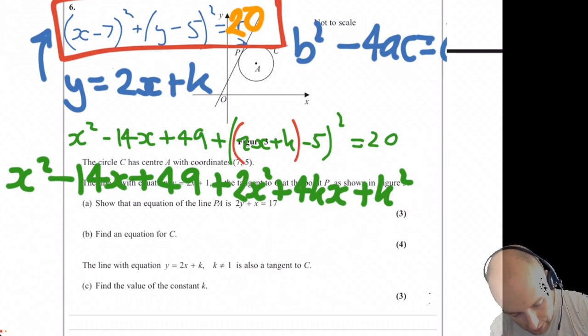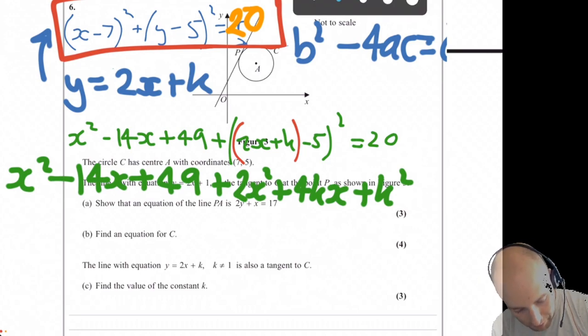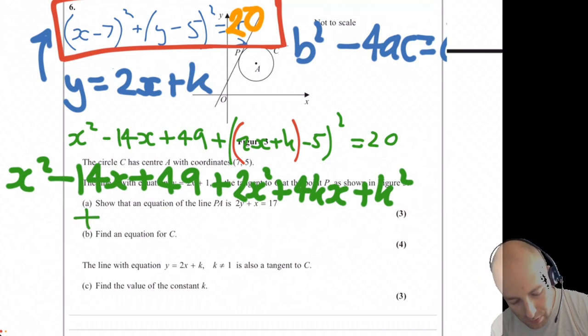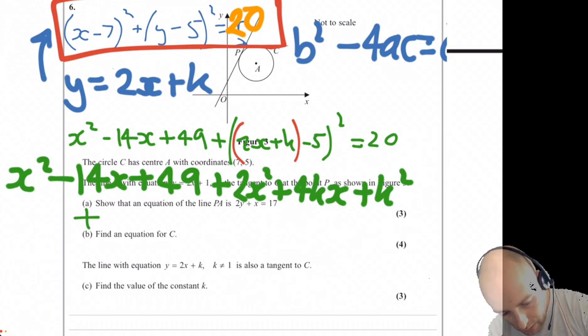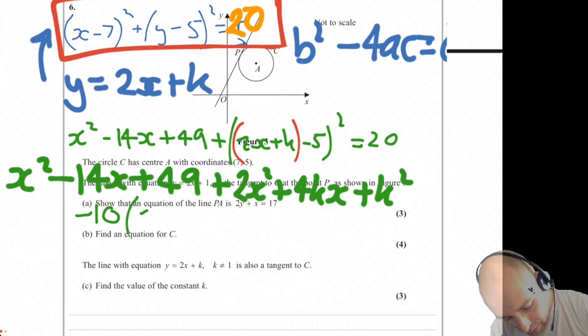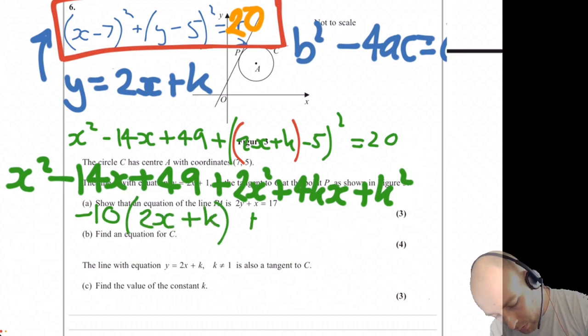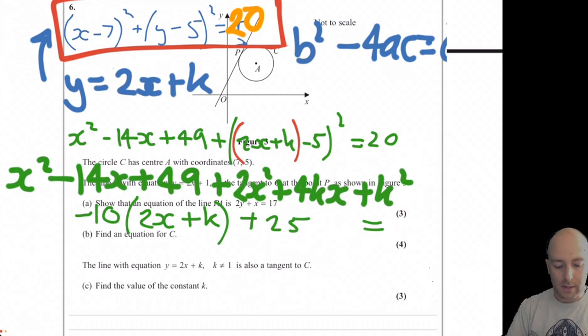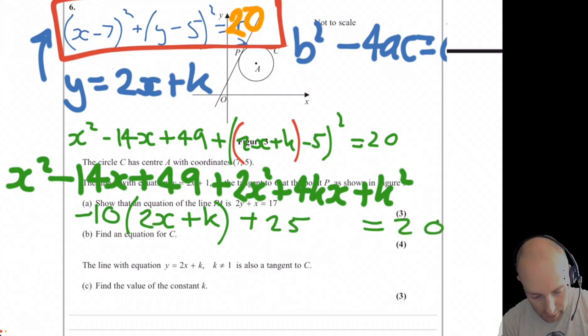I'm going to need some more space here, so I'm going to write underneath: plus minus 5 times (2x + k), 2 lots of that. So in other words, minus 10 lots of (2x + k), and then plus 25 on the end, and all that equals 20. I'm going to clear everything because that's getting pretty messy, but I've done my expansion.